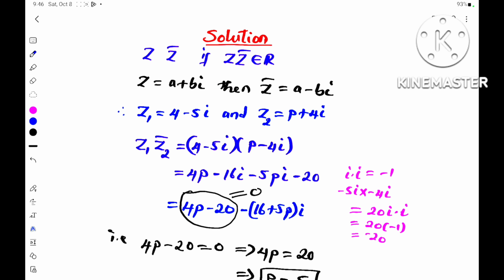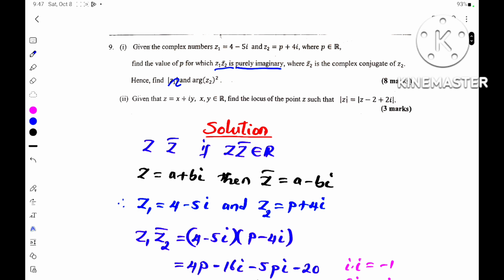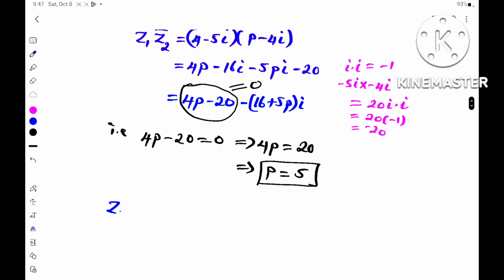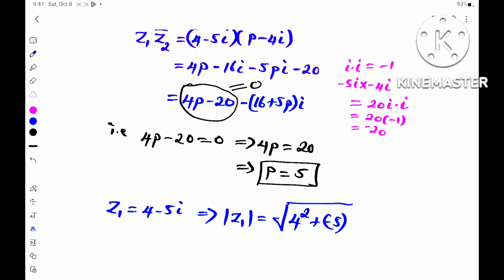We have also been asked to find the magnitude of z1 and the argument of z2 squared. So let's start with the magnitude of z1. Again, z1 is equal to the complex number 4 minus 5i, and so its magnitude is given by the square root of 4 squared plus negative 5 all squared.